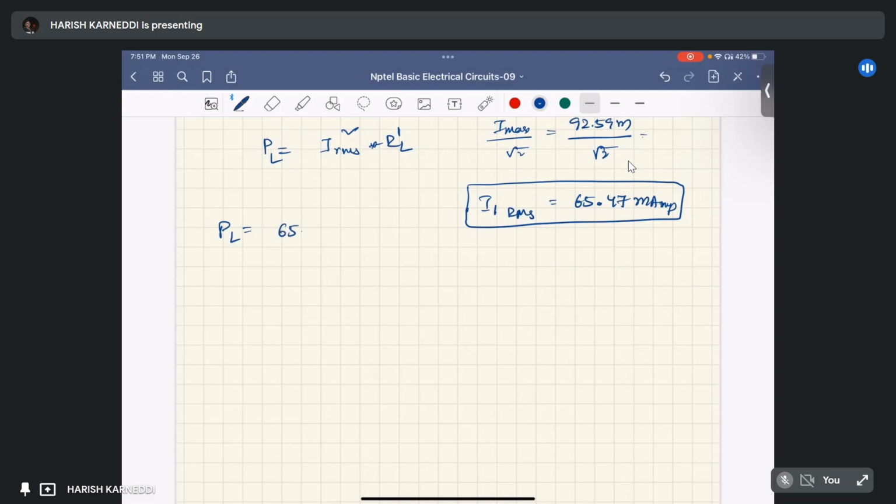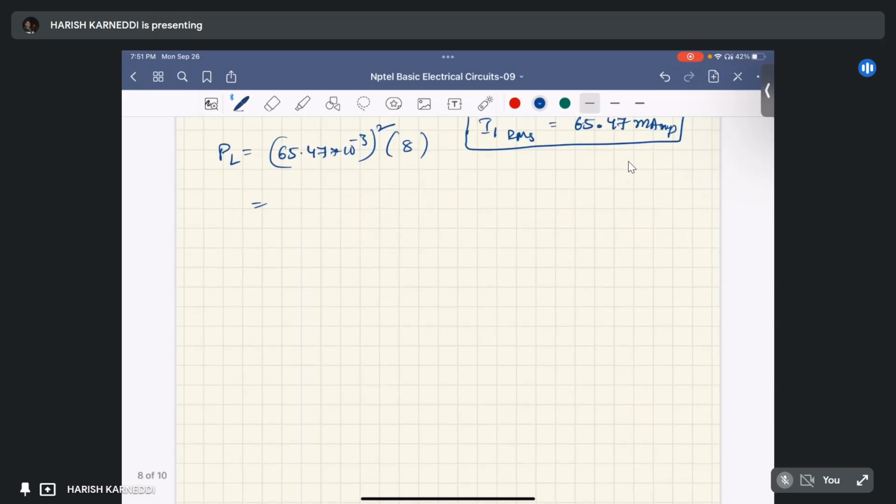That is (65.47 times 10 power minus 3) whole square into the load resistance, that is 8 ohm, which is 34.29 milliwatts.